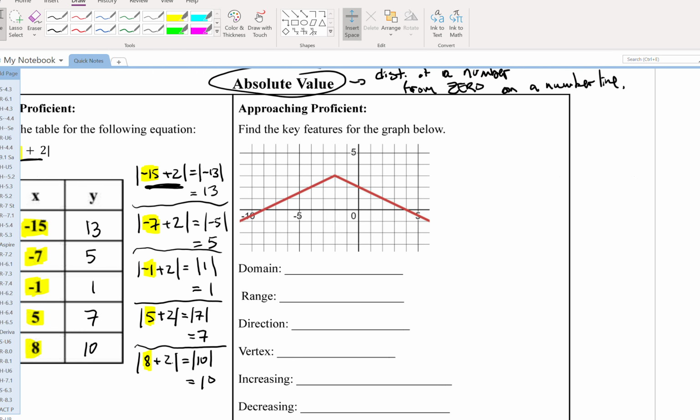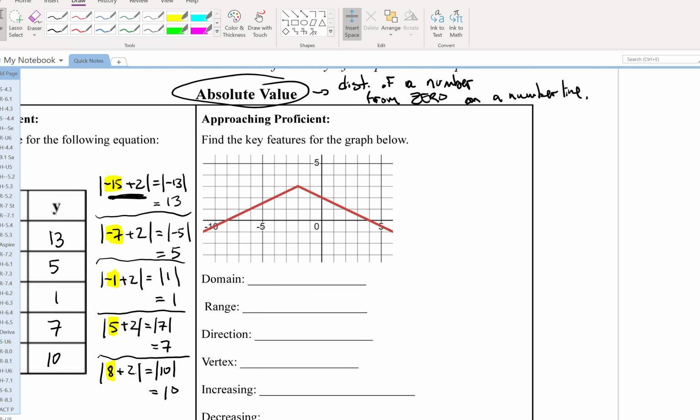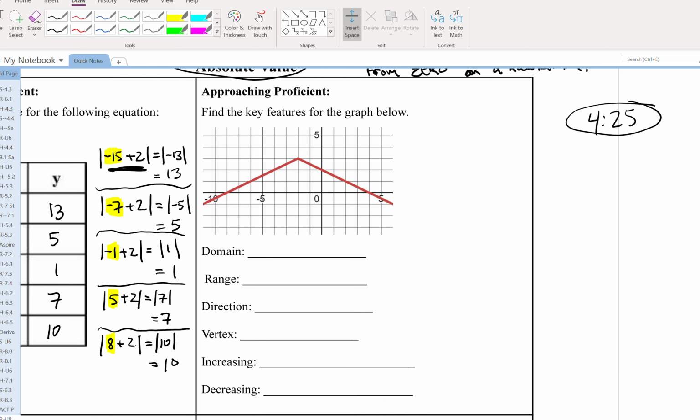Okay, so on this other side here, we've got key features of a graph involving the graphs of absolute values. And notice it's V-shaped.